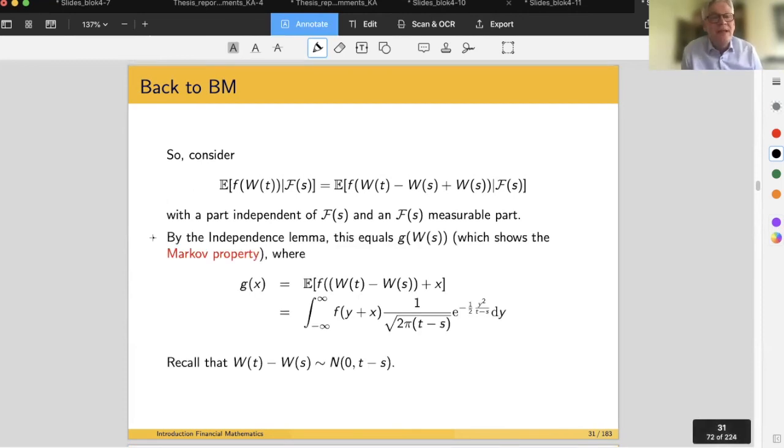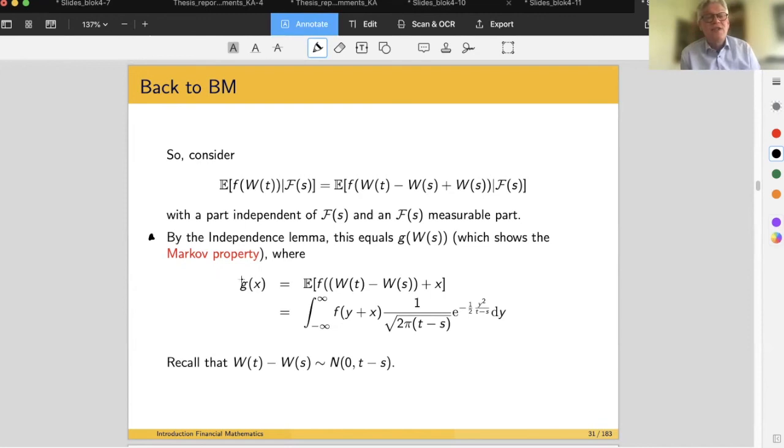So the independence lemma tells us that this should be equal to some g which only depends on W_s, and that would show the Markov property. In this case, this part is independent of F_s, and this part is F_s measurable.